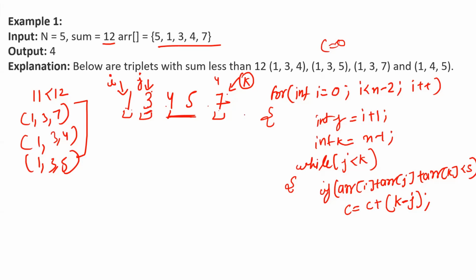How can you reduce the sum? If you decrease the value of k, then you can reduce the sum, and then again you can check this condition. So if this condition holds, we update the count variable and increment j. Otherwise, we'll be decrementing the value of k.